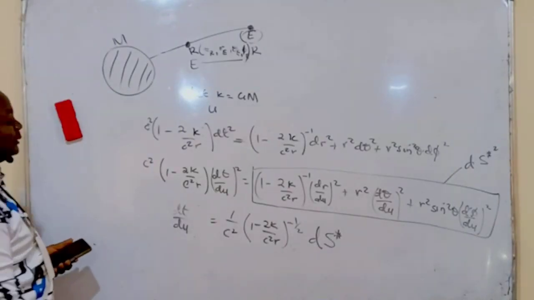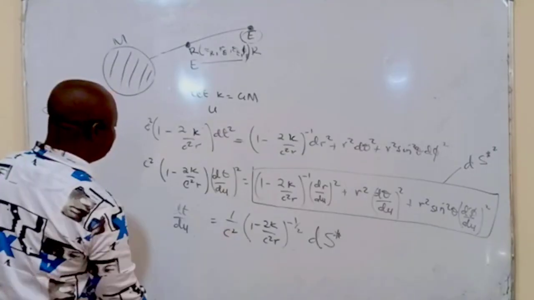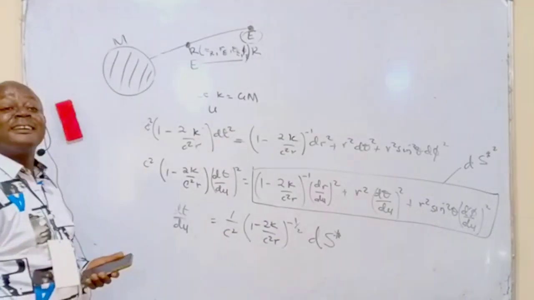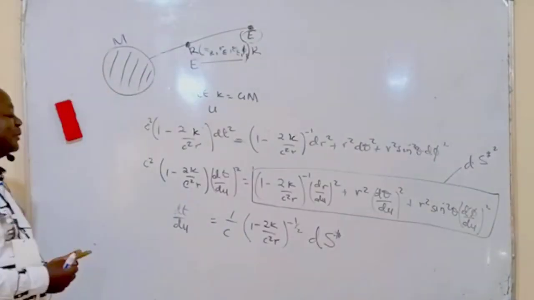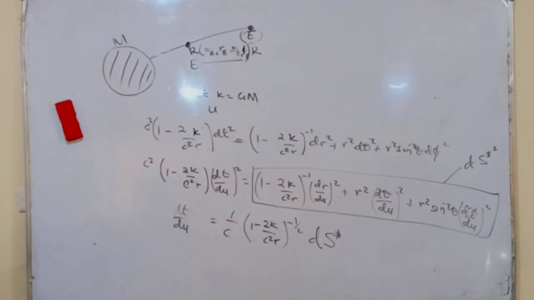The one on c squared should also go. You are talking of a minus.